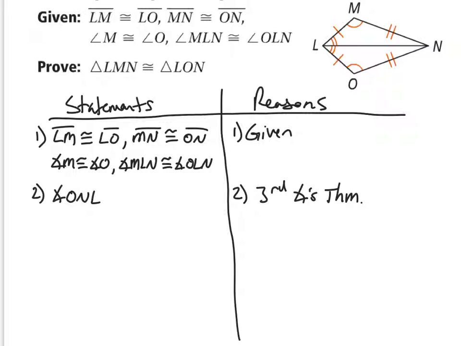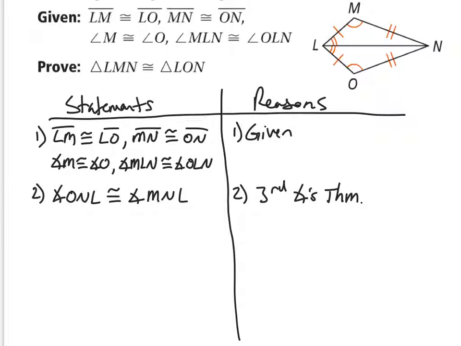Angle ONL is congruent to angle MNL. Either way. Okay, hold on. You already did one. All right. And be careful how you name angles, because remember, the letter in the middle is the vertex.